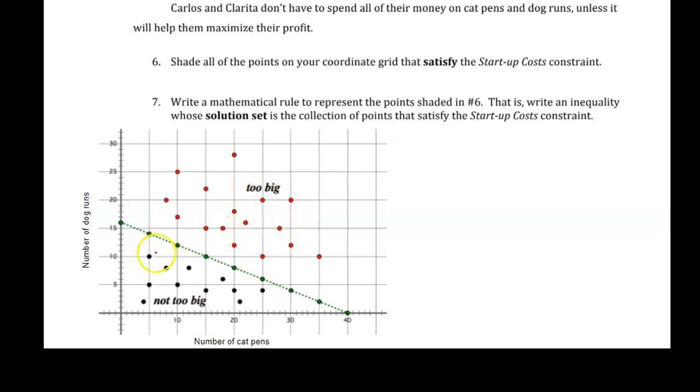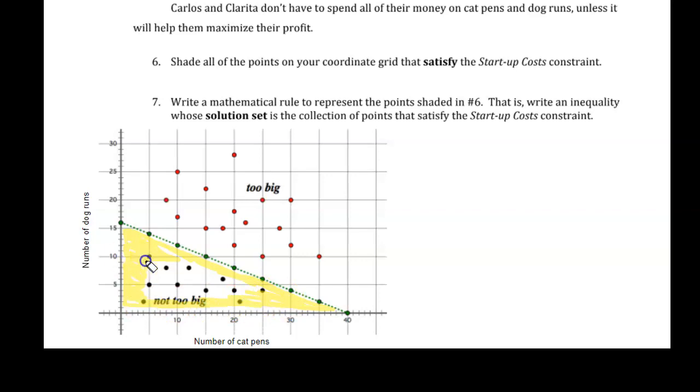So they wouldn't qualify. None of those points would qualify. But we do know that the points down here that are in black, all of the points down below, are just right points. Those do satisfy our constraint. And so we would want to shade in everything down here in the lower portion of our grid.